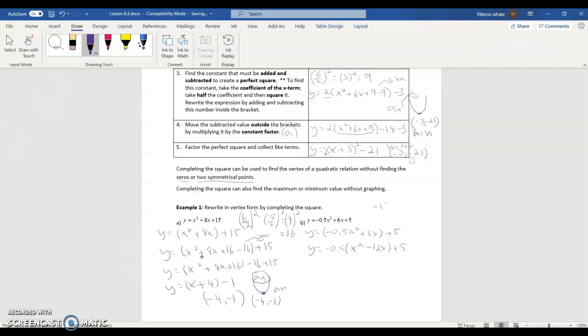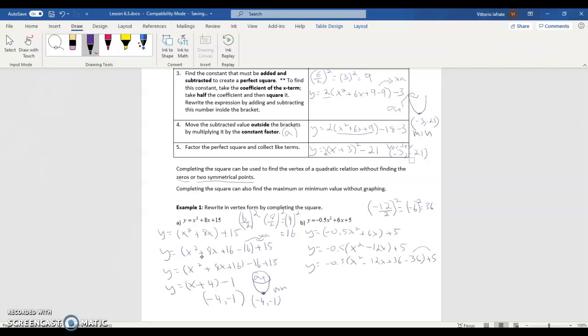So -12 over 2 squared is equal to -6 squared, which is 36. And so now we're going to have y is equal to negative 0.5 x squared minus 12x plus 36 minus 36 plus 5.